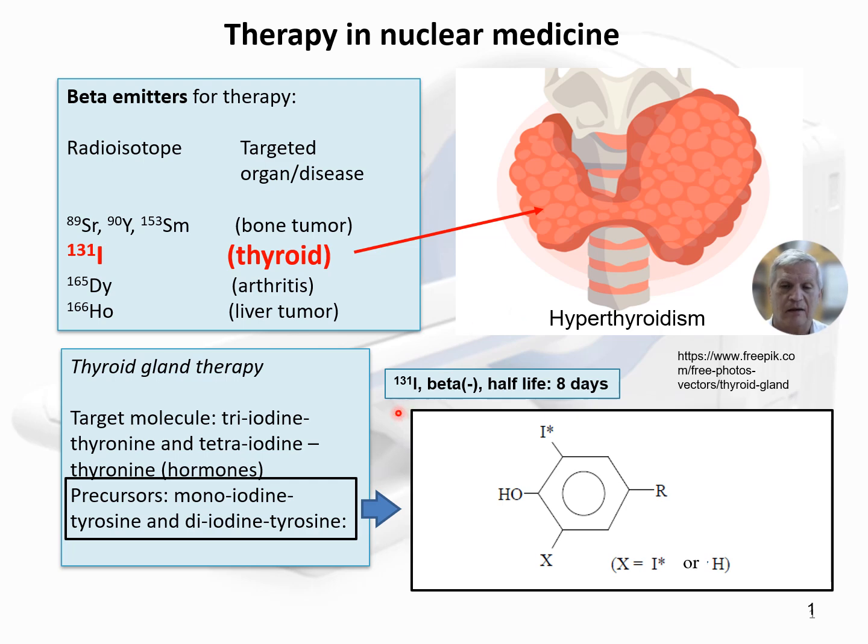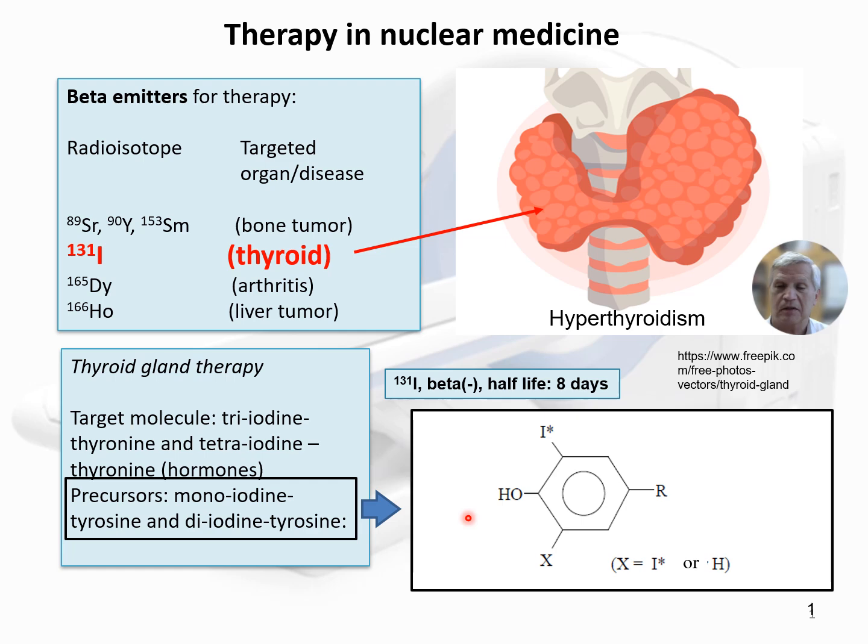So the isotope which is used is iodine-131. And why iodine? Because the thyroid contains the thyroxine hormone, which is an iodine-containing hormone, and it has a precursor, tyrosine, an iodinated tyrosine. This chemical information is needed to make sure the thyroid will take up the iodine.